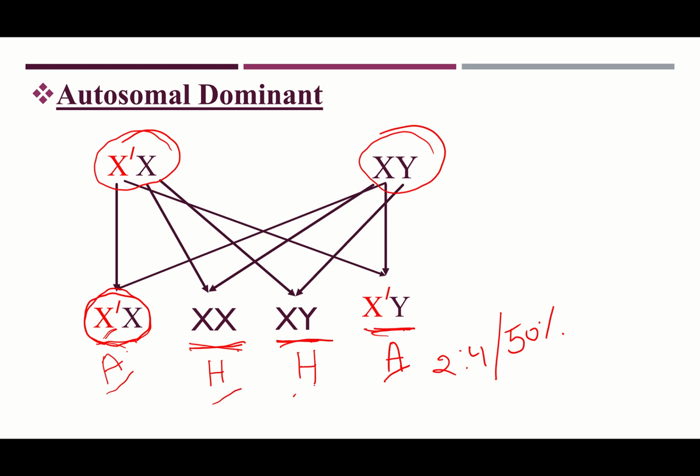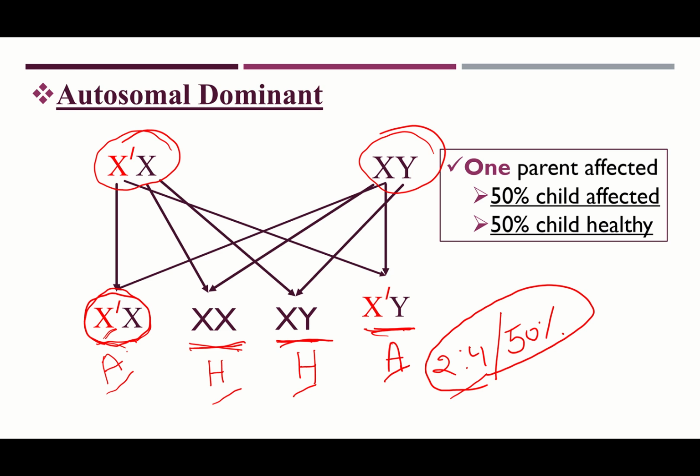Similarly, 2 out of 4 or 50% are healthy. So if you write it down, this is how it would look in an autosomal dominant condition where one parent is affected: 50% of their children will be affected and 50% completely healthy.